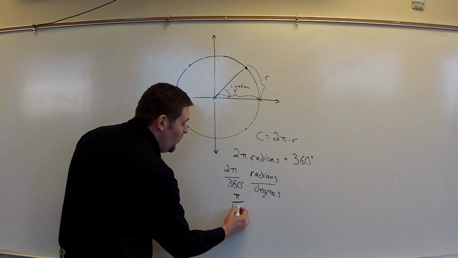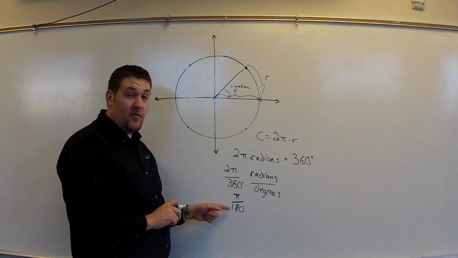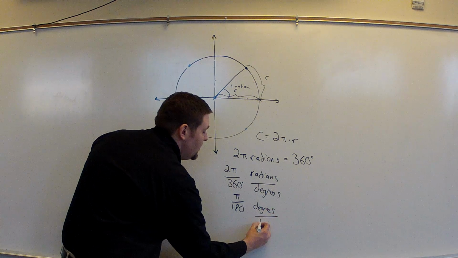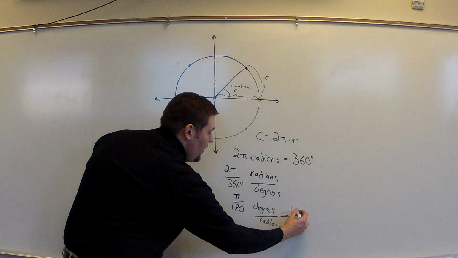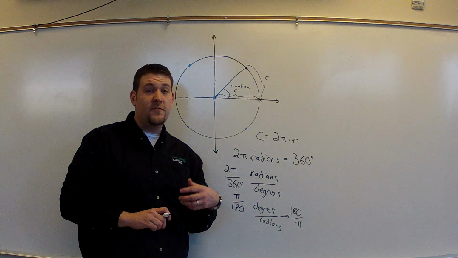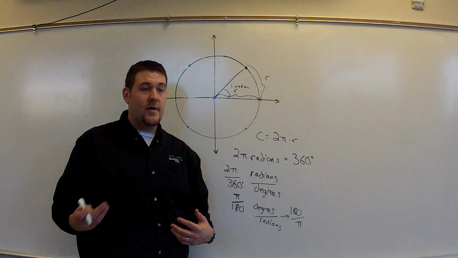It becomes pi over 180. So we oftentimes see pi over 180 or 180 over pi, depending on how we want to write the ratio. Degrees to radians would then be written as 180 over pi. That becomes the ratio that we use to do our conversions, to figure out how many radians are in degree measures of degrees into radians.